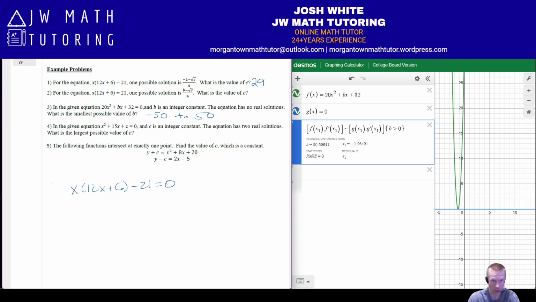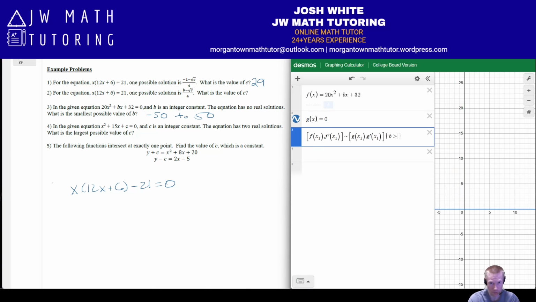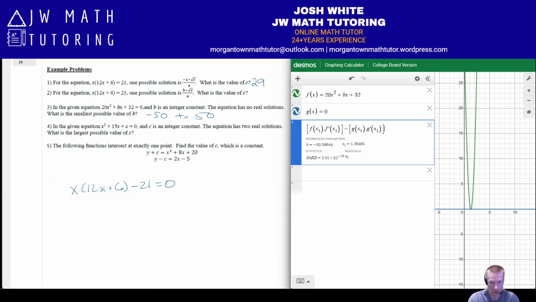So depending on whether it's asking for the smallest or largest possible value, you might have to do further inspection in the problem. For example, here it gives you the default value of negative 50. But let's say this one asks for the largest possible value of b.